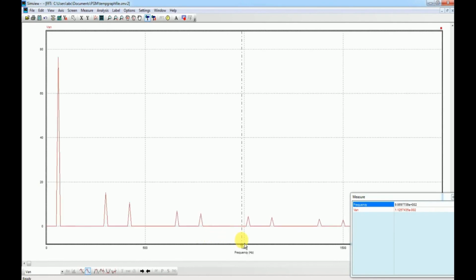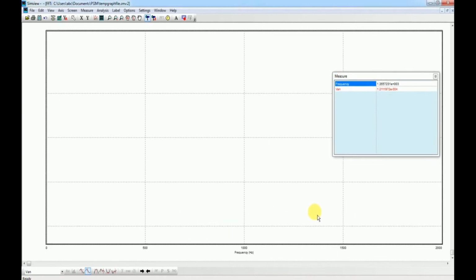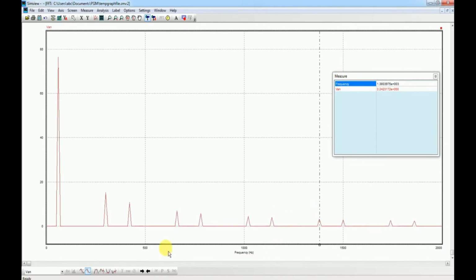Thereafter, if we move ahead, we have the 17th harmonic that should appear at 1020 hertz, and after the 17th we should see the 19th harmonic that is also present, at 1140 hertz. After this 19th harmonic, the next harmonic is available at the 23rd multiple of the fundamental frequency, and that is equal to 1380 hertz.